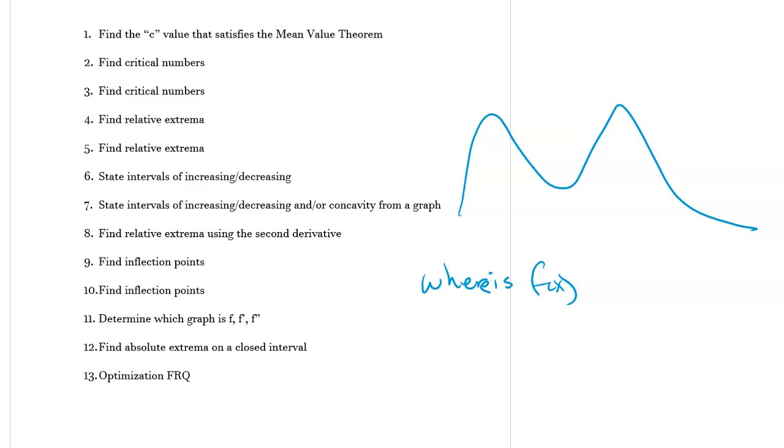So let's come up with a question. Who should I ask? I should ask Anthony. Are you ready? Okay, Anthony, your question. We want f prime to be positive or negative?